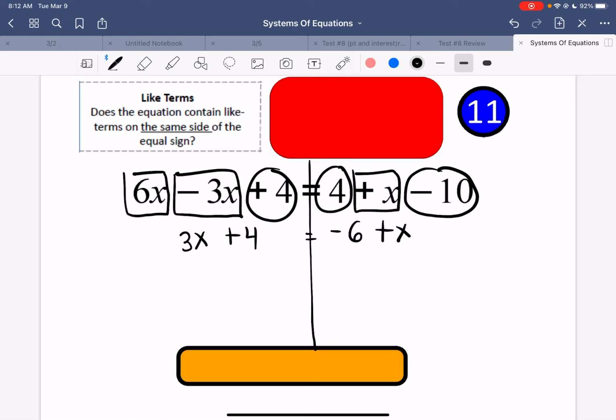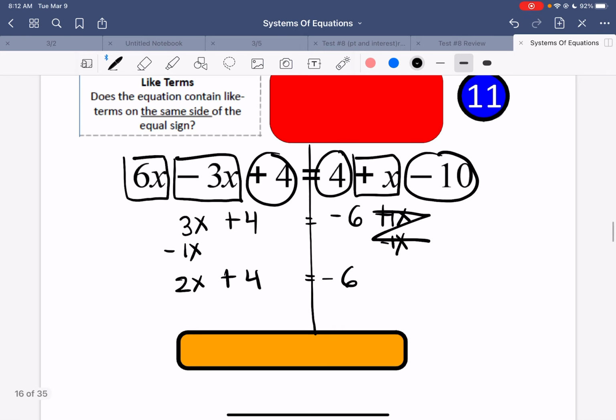So then from there, we're going to combine our least coefficient, which is 1. There's a 1 here. So I'm going to subtract 1x. I'll just put a 1 there so we can see it. So on the right, that becomes 0, and we're left with 2x plus 4 equals negative 6.